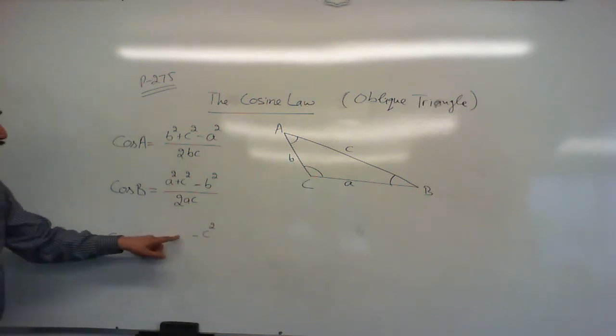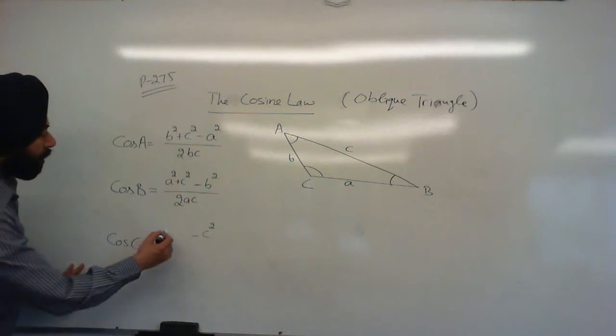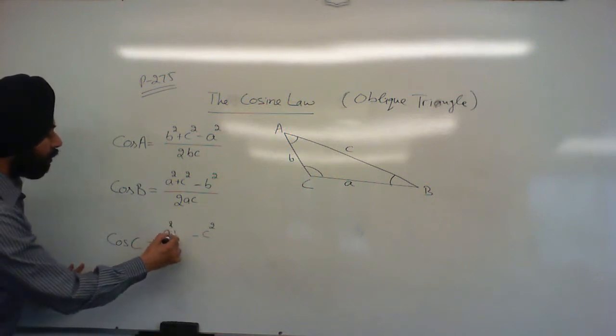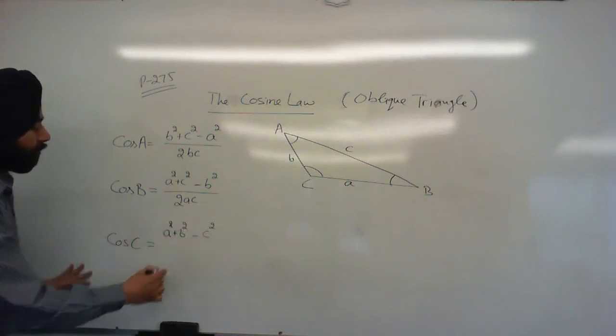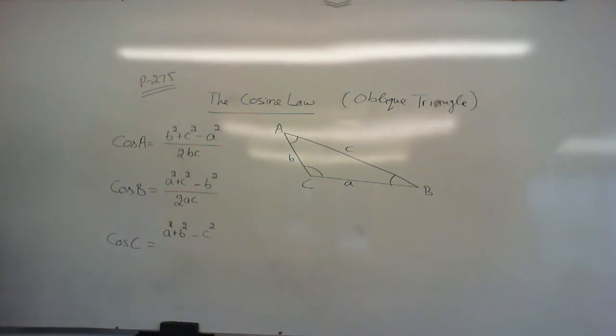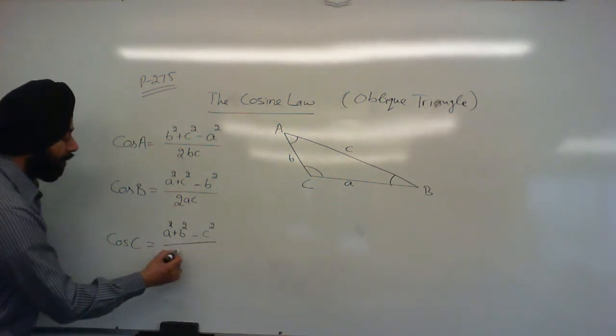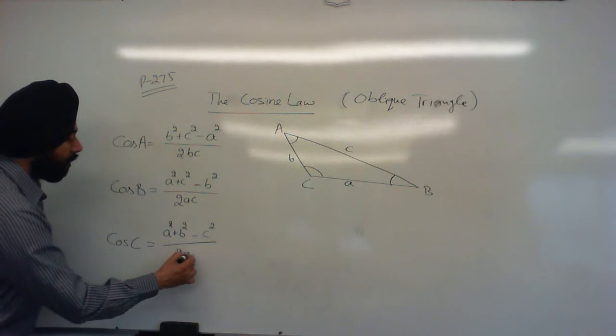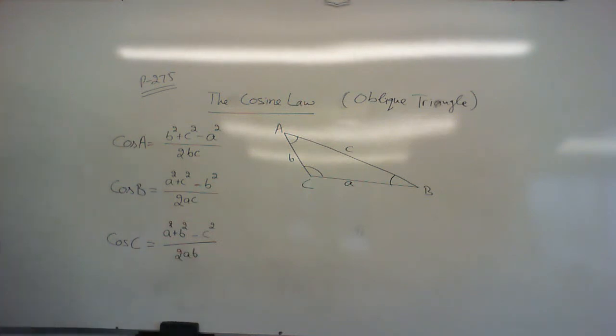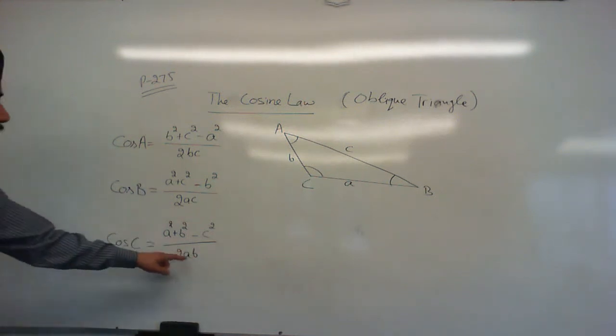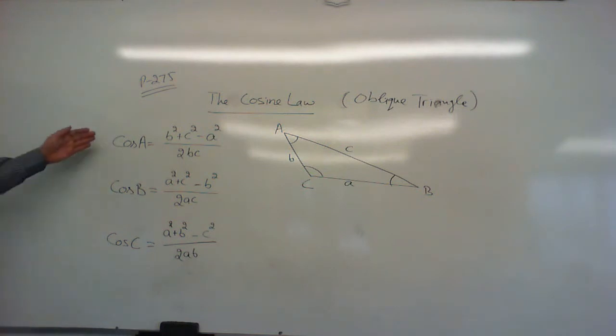The other two sides other than C, that means you have A square and B square, that will go before subtracting C square, and the denominator will be 2AB, just like these two sides A and B. So these three laws are called the cosine laws for angle A, B and C. Again, you don't need to remember, but you need to understand the law. You will have these things available to you.